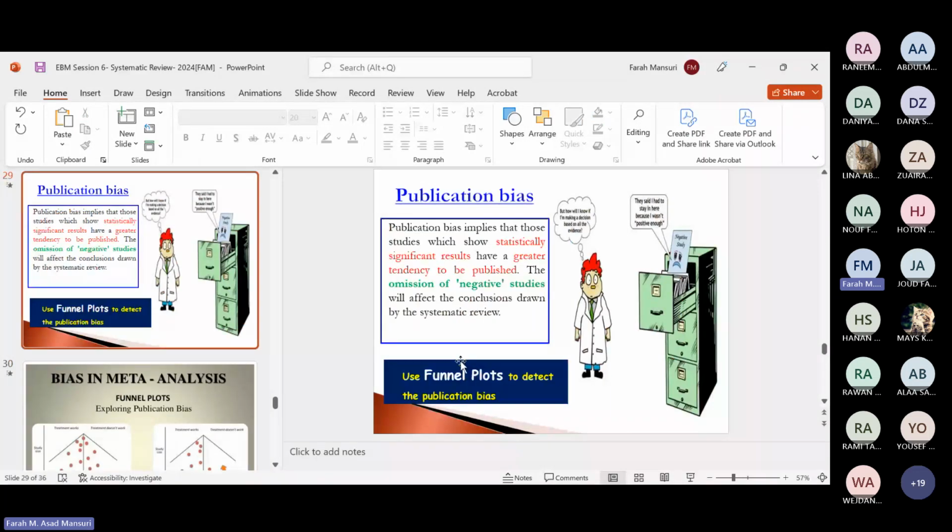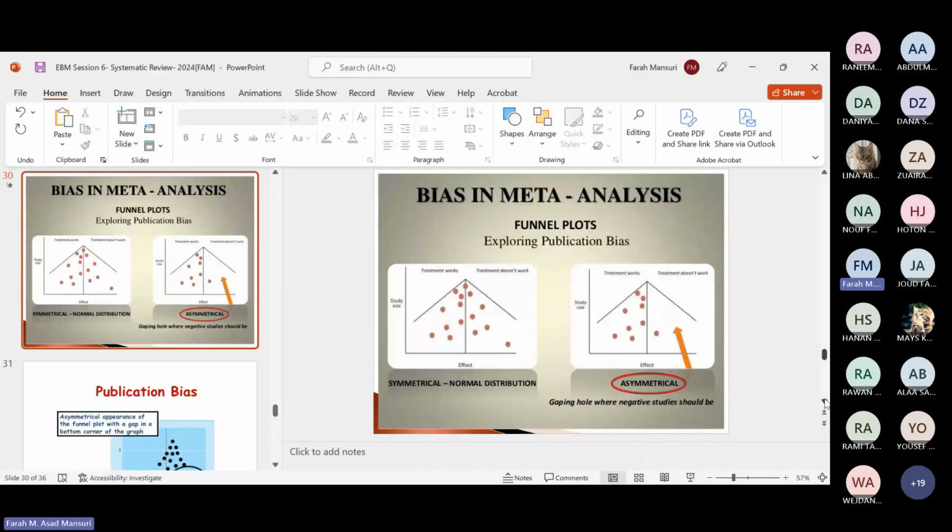Now, what is a funnel plot? A funnel plot is the plot which helps us in diagnosing whether the publication bias is there or not. You can see it is like a funnel. It is actually the midline, and the treatment working, treatment not working.